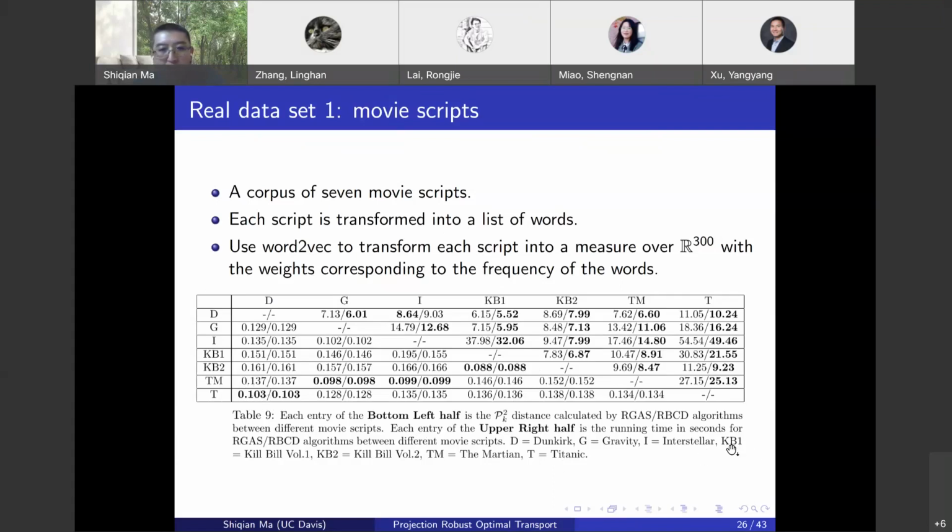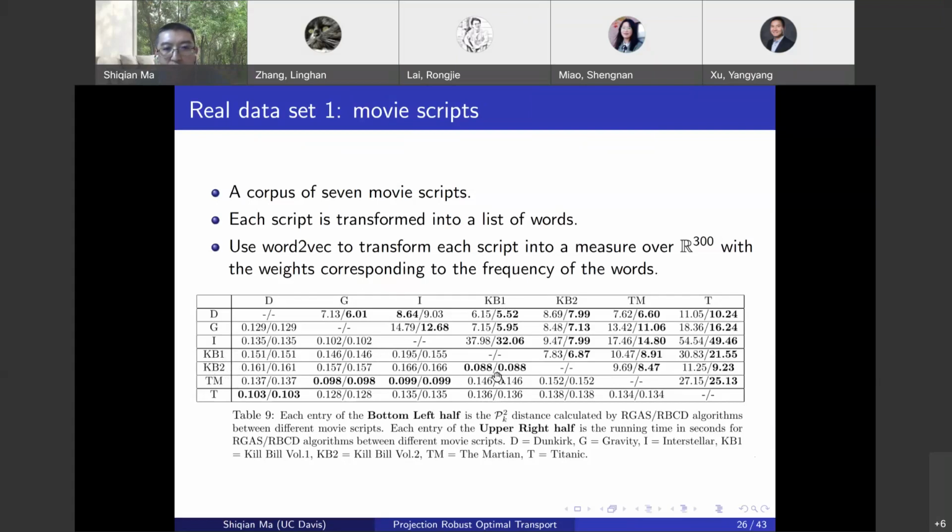Let's look at another example. For example, this KB1 is Kill Bill volume 1, and KB2 is Kill Bill volume 2. So basically, they should be similar, they should be close. Let's see whether that's the case. This is KB1, and these three numbers are the distances between KB1 and the other three movies here. And we also look at these three numbers, the distances between KB2 and these three movies.